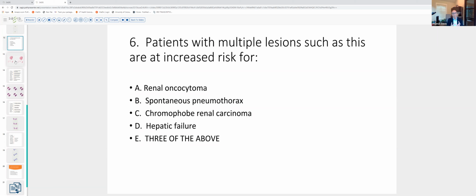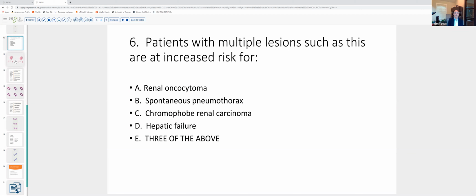They get multiple pulmonary cysts. C, chromophobe renal carcinoma, that's also correct. And sometimes the renal tumors, the renal cancers, can be hybrid as well. They'll show some areas that look like oncocytoma and some look more like a chromophobe renal carcinoma. So the first three are correct.